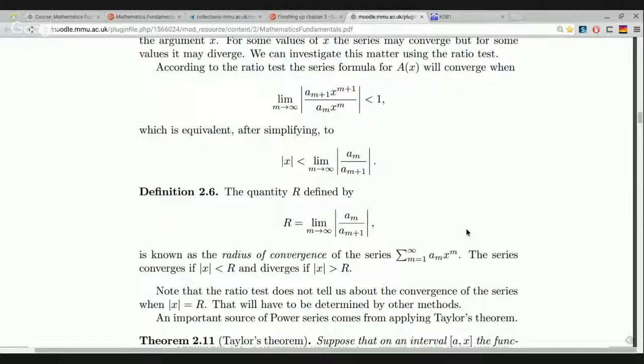Now, sometimes R is equal to infinity, that this limit is unbounded. In which case, the power series converges. It makes sense. It's a valid function over the whole of the number line. Other times, though, this limit comes out as being a finite quantity.